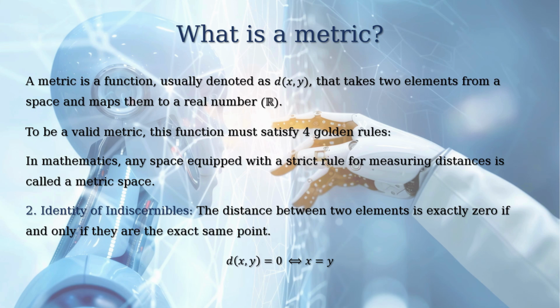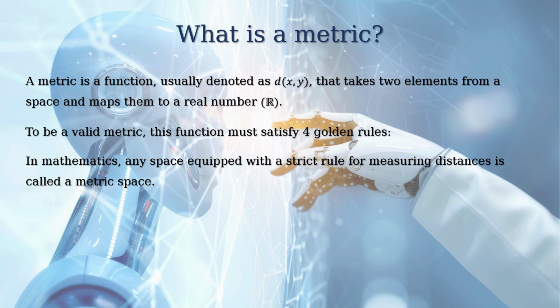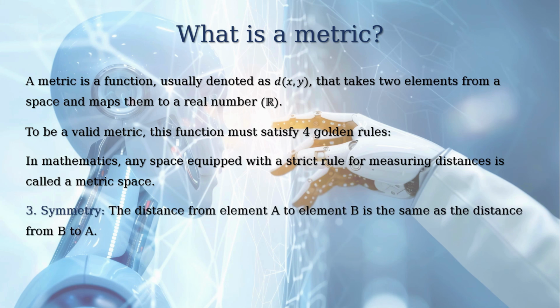That is, d(x, y) is equal to 0 if and only if x is equal to y. Number 3 is symmetry. The distance from element A to element B is the same as the distance from B to A. That is, d(x, y) is equal to d(y, x).